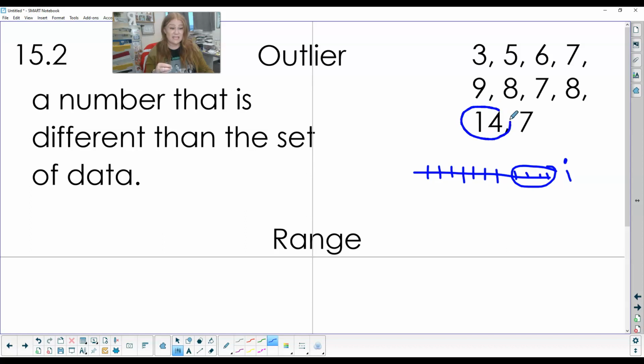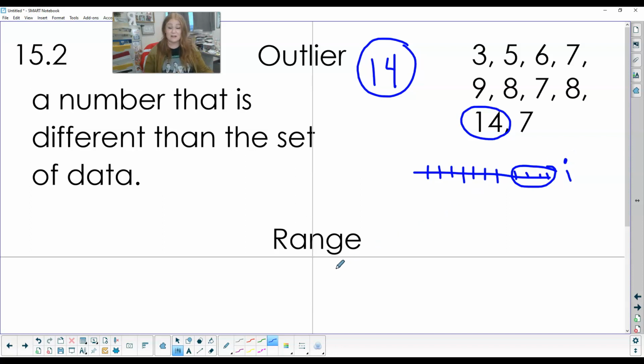This 14, oh my gosh, all right, so this 14 is our outlier because it's different than the rest of them. The rest of them are all in this group, and that 14 is lying outside of that set of data.